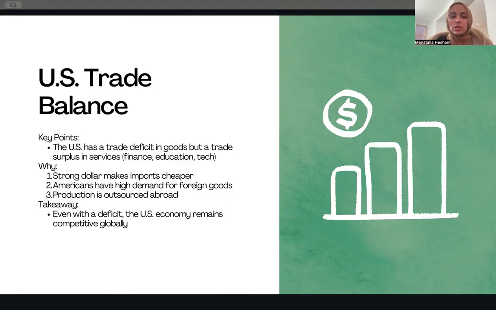First, the US dollar is strong, which makes importing cheaper. Second, Americans have a high demand for foreign goods. Third, much of US production has been outsourced abroad. Despite running a trade deficit, the US economy remains globally competitive and strong.